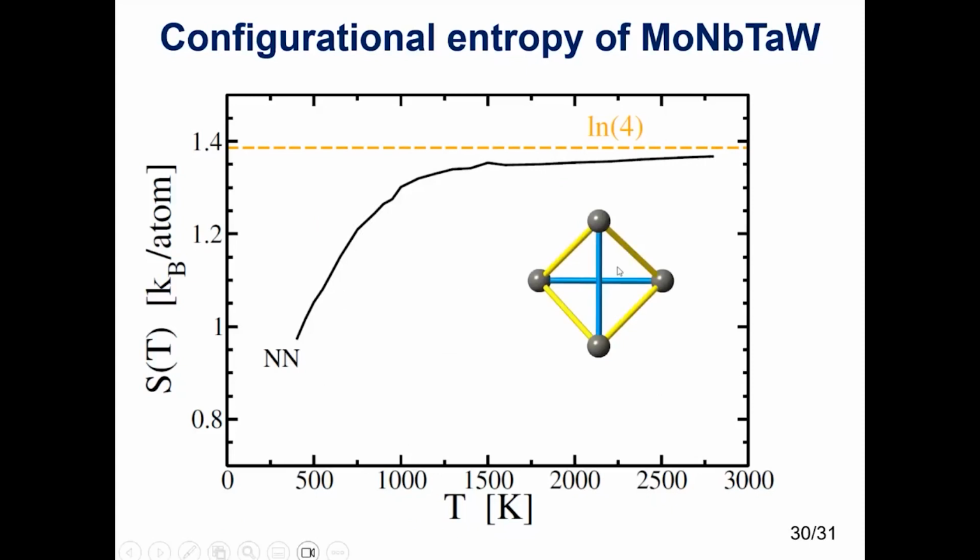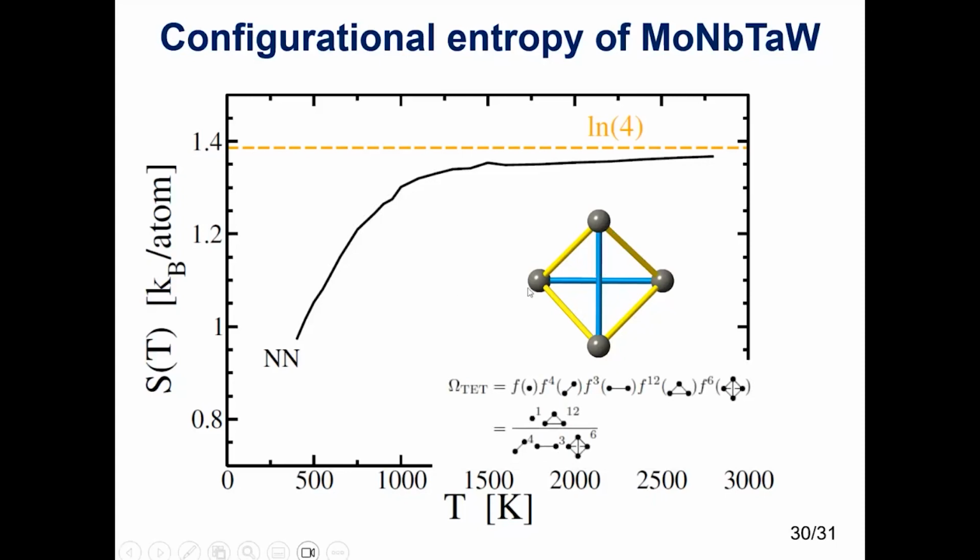Here we are looking at near neighbors, which are these yellow bonds. But we can also include next neighbors, which are the blue bonds, or triangles. So a pair of yellow and one blue bond make a triangle. And we can even compute the 4-point correlation function associated with this tetrahedron. And here is a formula written down in cluster variation method notation to give us the entropy at the tetrahedron level.